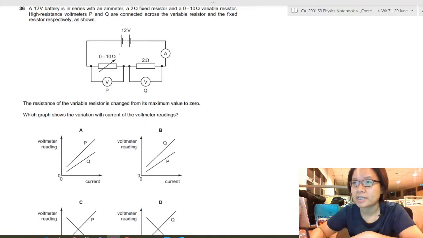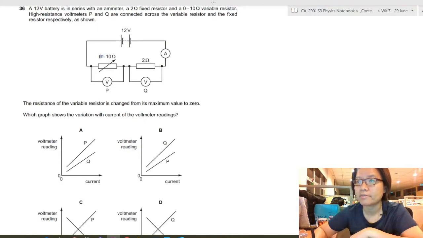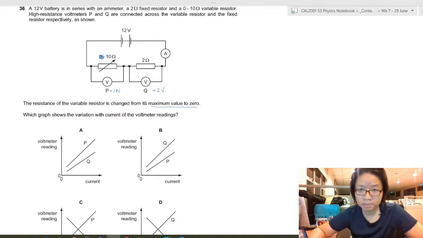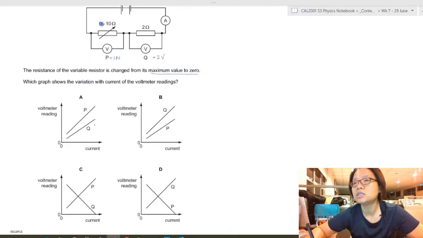Let's say now we are dealing with 10 and 2 ohm. They are sharing 12 volt. So P would be 10 volt and Q would be 2 volt. So P will be big and Q will be small. Maximum value to 0, so this is my initial starting value. P would be much bigger than Q.